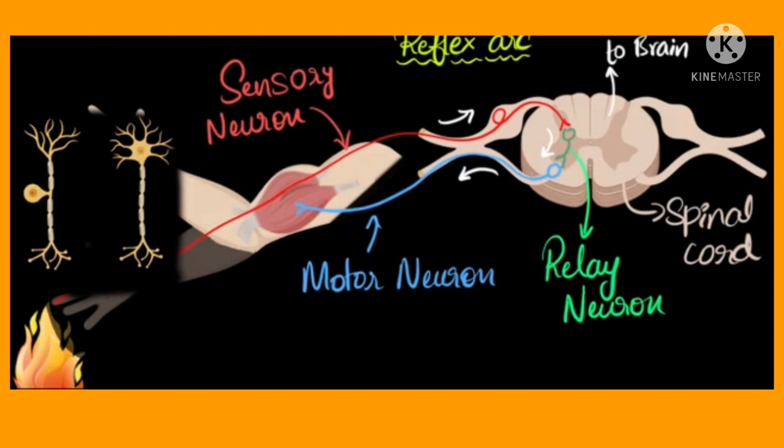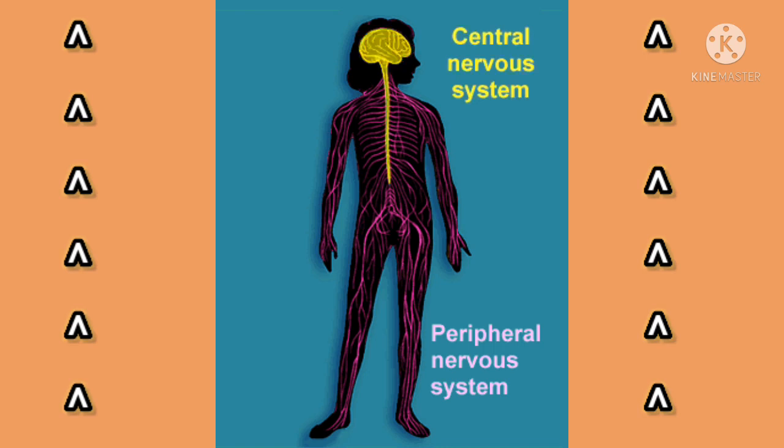Let us learn about the peripheral nervous system. The peripheral nervous system is formed of nerves arising from the brain and spinal cord.